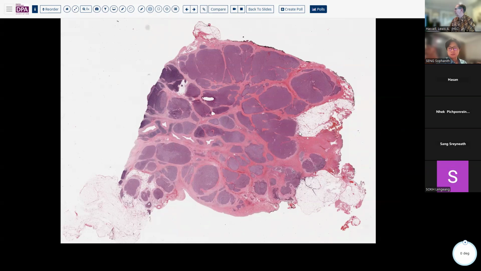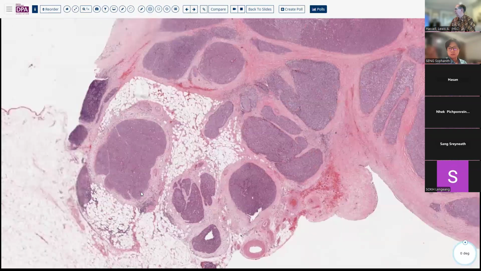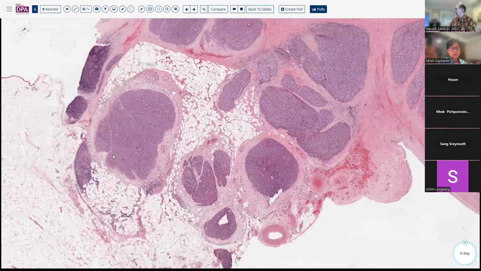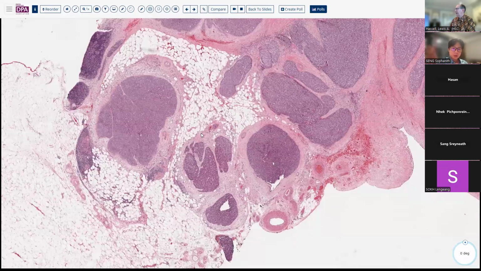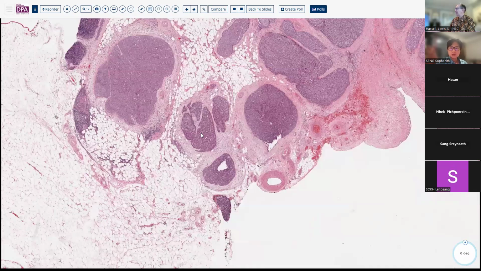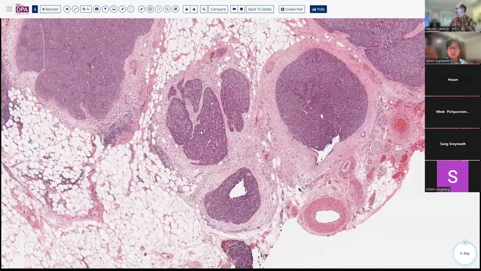Notice here there are areas where it's bulging into the fat, and down here we have areas where this is clearly provoking a desmoplastic response in the fatty tissue, and therefore would be classified as having an invasive component invading the surrounding tissues. And that's a very helpful feature to define both risk of recurrence, metastasis, and long-term outcome.